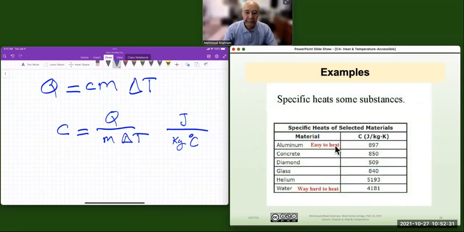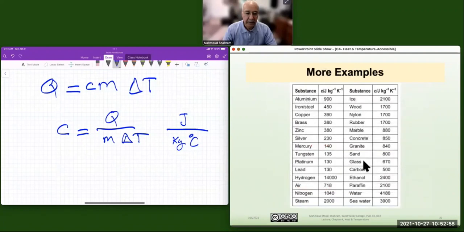Let's look at some examples here. Aluminum specific heat, in terms of joules per kilogram Kelvin, is 897. Compared to water, 4,181, and there are others in between. Here's another example.